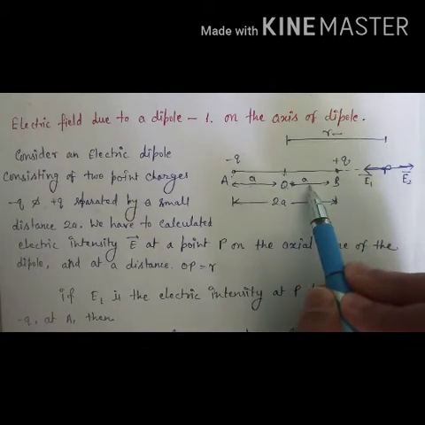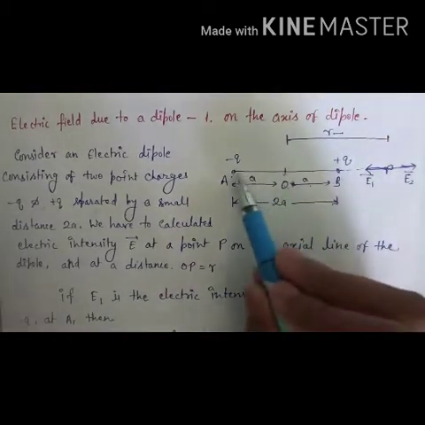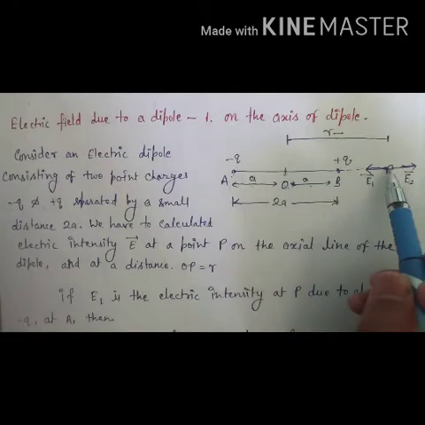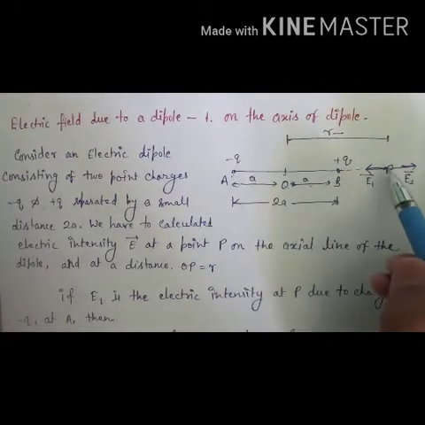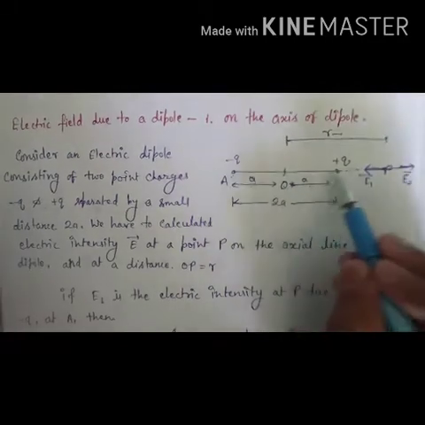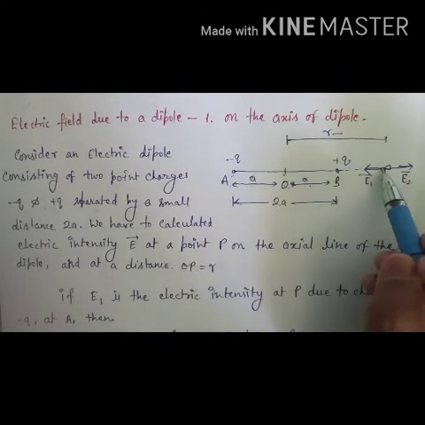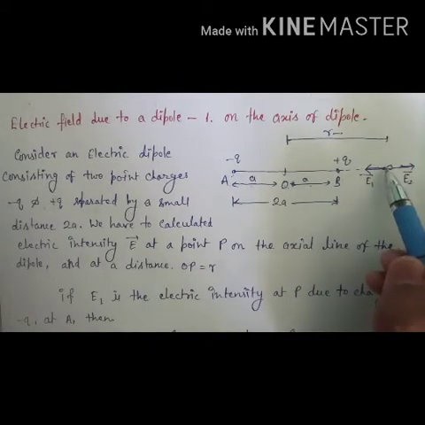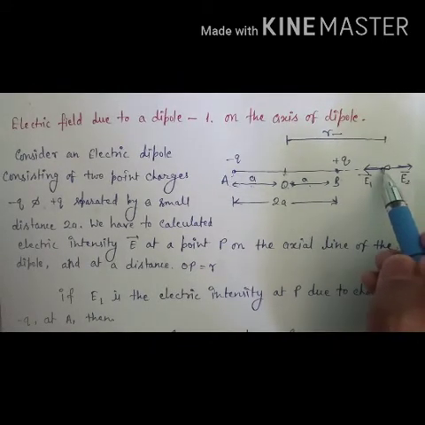We find the electric field on the axis of the dipole. Let us assume P is a point on the axis of the dipole. We find the electric field intensity at point P.